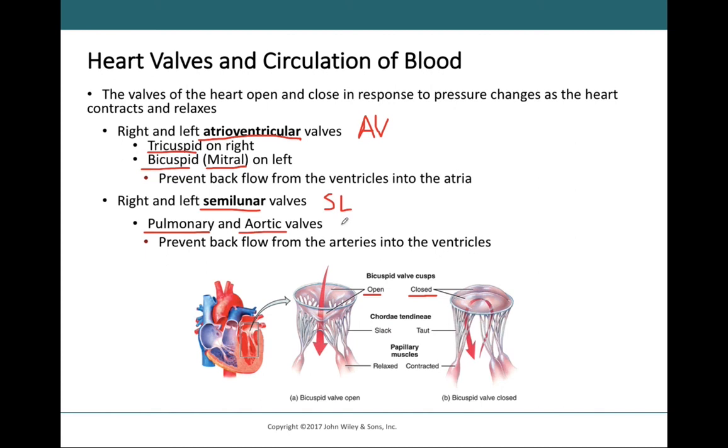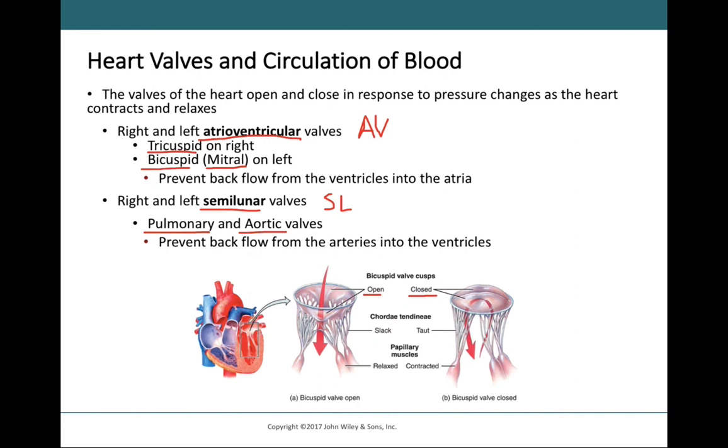So what's truly causing these valves to open and close are the different changes in pressure. We have to remember that the walls of the heart are made up of cardiac muscle, and muscle's purpose is to contract. So if we can imagine here, when the atria contract, that's going to increase pressure inside of this chamber, and that's going to want to force blood through this valve into the left ventricle.